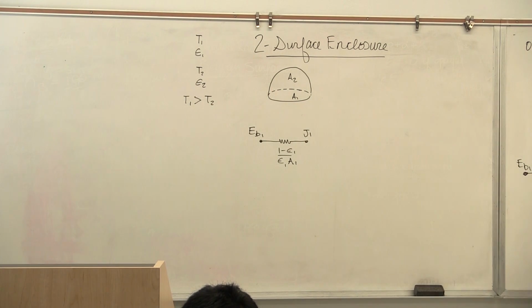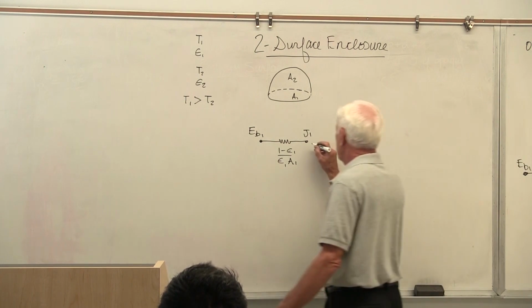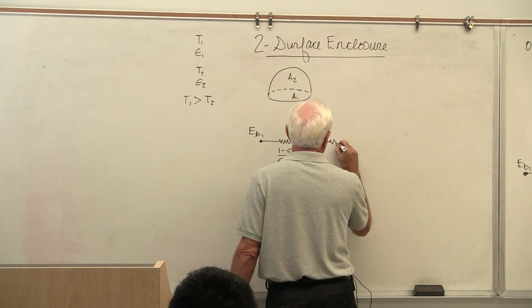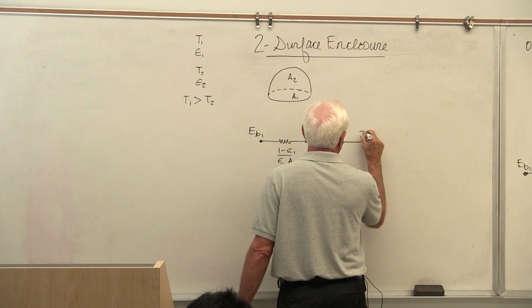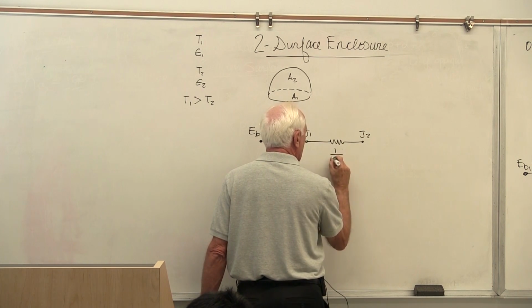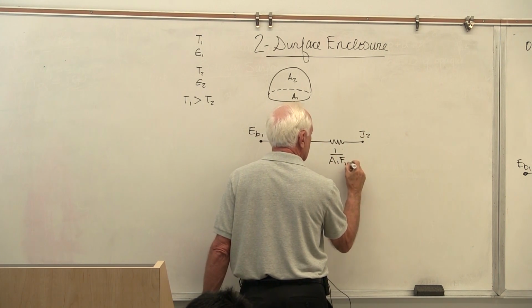Now, surface 1 connects with surface 2. How? By a space resistance. This connects the surfaces. What's its value? Well, right down here, there's J1. There's J2. What's that resistance? 1 over A1 F12.